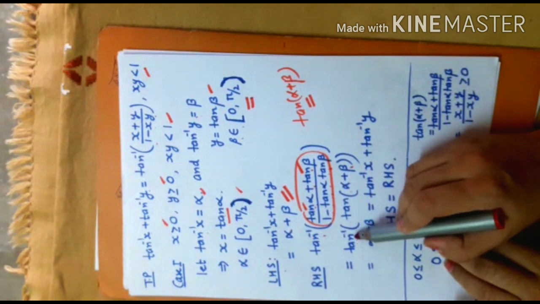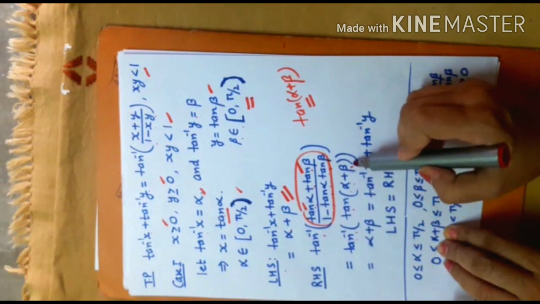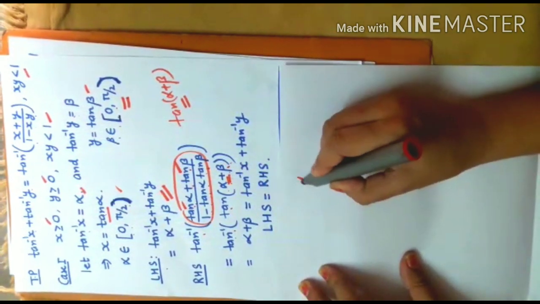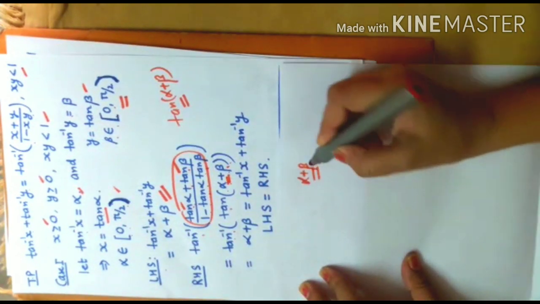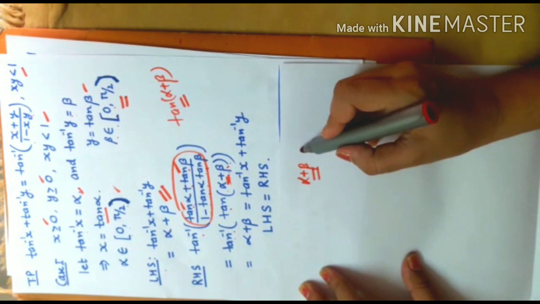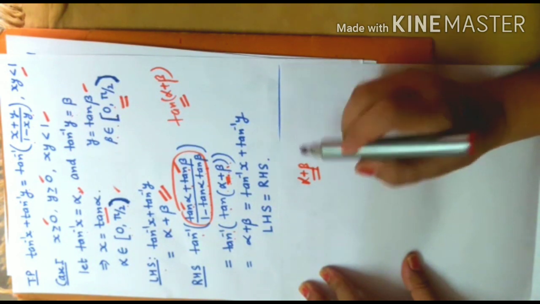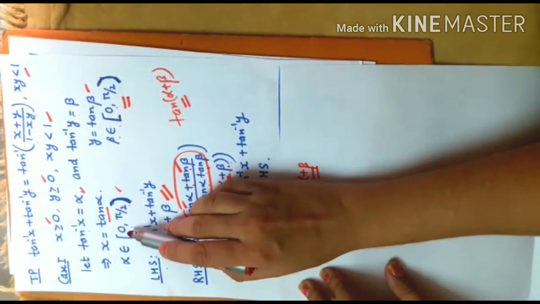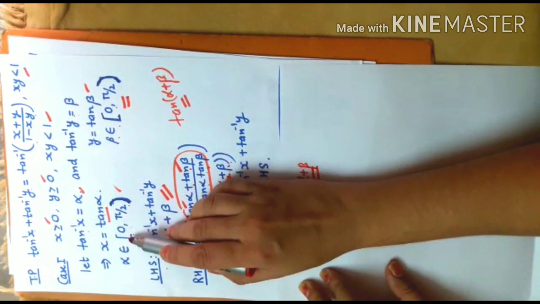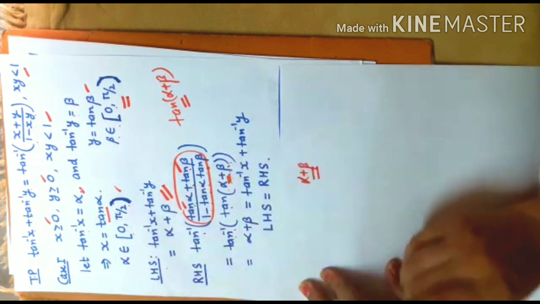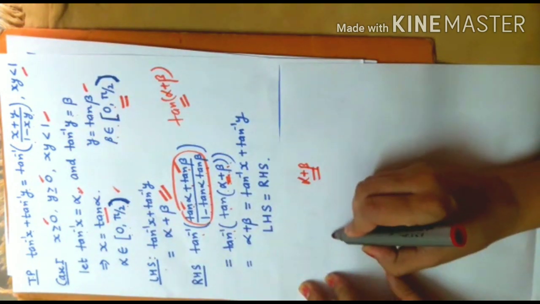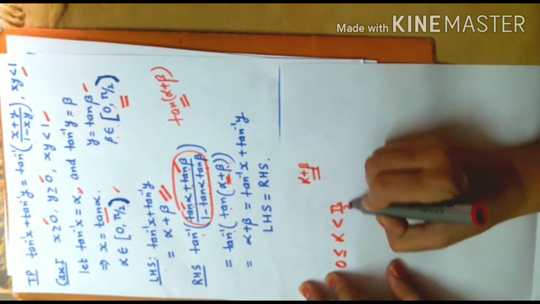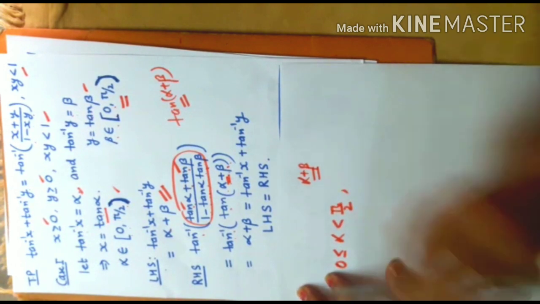So I get tan inverse of tan (alpha plus beta). So I have to see whether this alpha plus beta belongs to the open interval minus pi by 2 to pi by 2 or not. Let's see. Now alpha belongs to the interval 0 to pi by 2, closed at 0, open at pi by 2. This means that alpha will be greater than or equal to 0 and less than pi by 2.